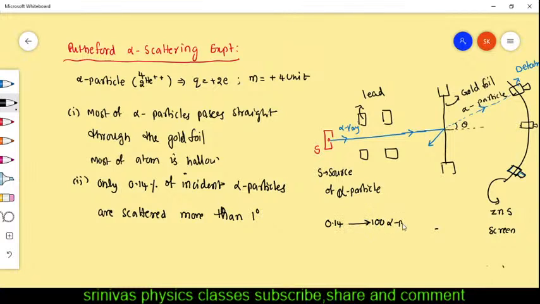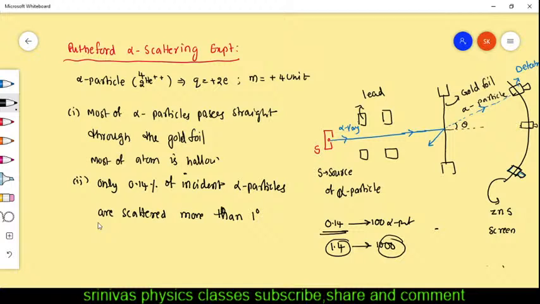Out of 100 alpha particles, 0.14 alpha particle scattered with an angle more than 1 degree. If you multiply by 10, then 100 becomes 1000, and 0.14 becomes 1.4. That means out of 1000 alpha particles, one alpha particle scattered at an angle greater than 1 degree. And this they observed.